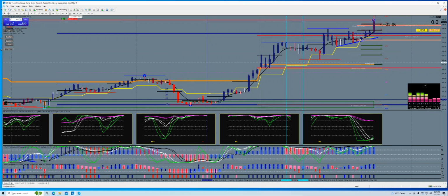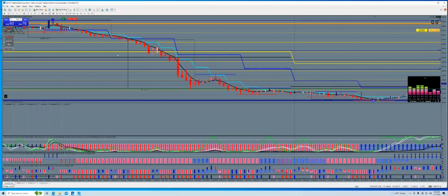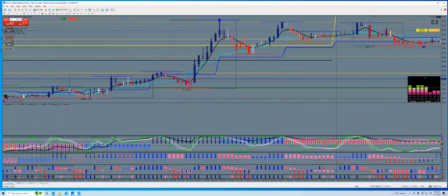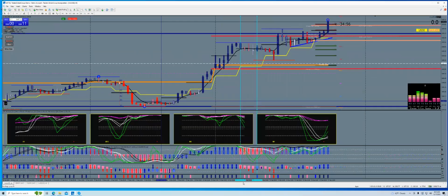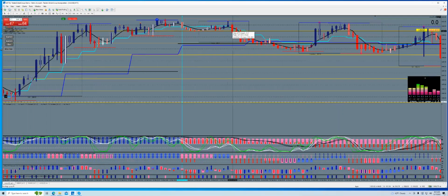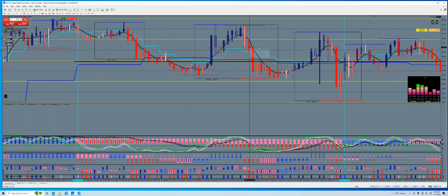So even if I go back to the 15, where is this thing? Let's go to the 15. As you can see, the 15 gave you a trade here. The next big trade is here or here.